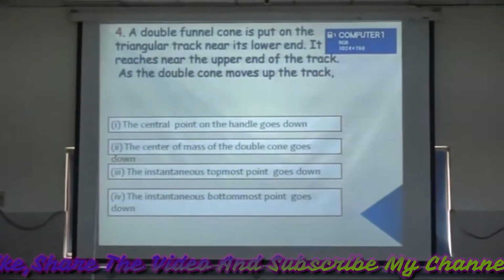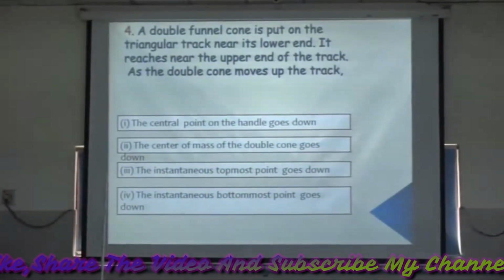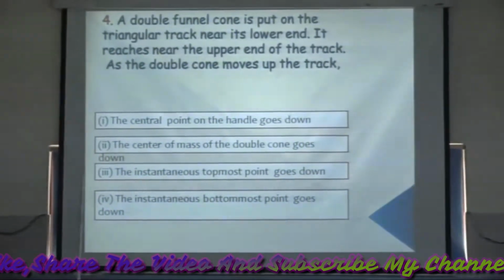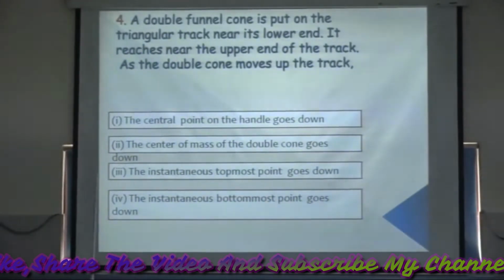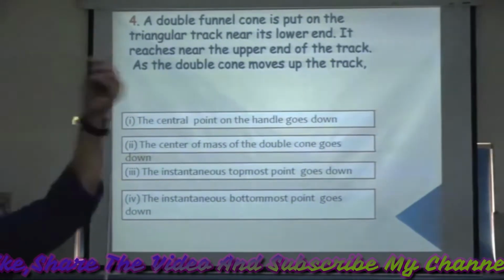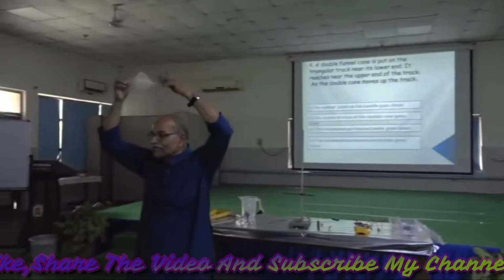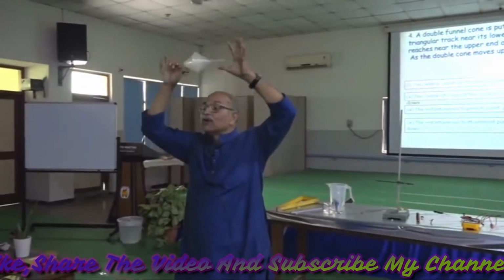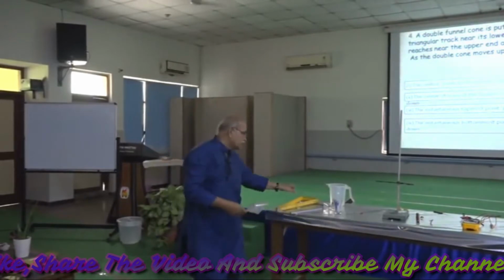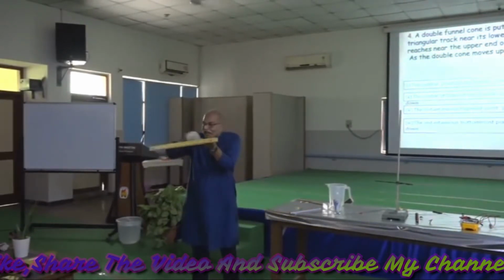The questions are: the central point on the handle goes down, true or false? One by one, let's take one by one. The central point on the handle, that means these two rods which are coming out. So the central part of this handle goes down as it moves up this track.